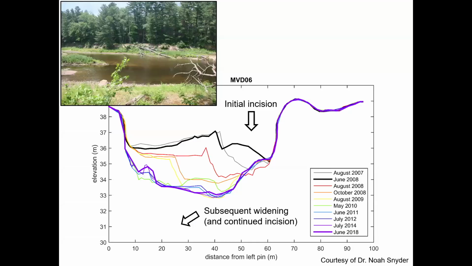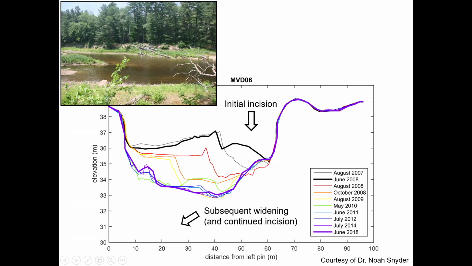And as he described, there was some rapid incision and then some subsequent widening and continued incision of the impoundment sediments upstream of the dam. Over time now, there's been more than 10 feet of incision in places. Please note the scale is in meters.